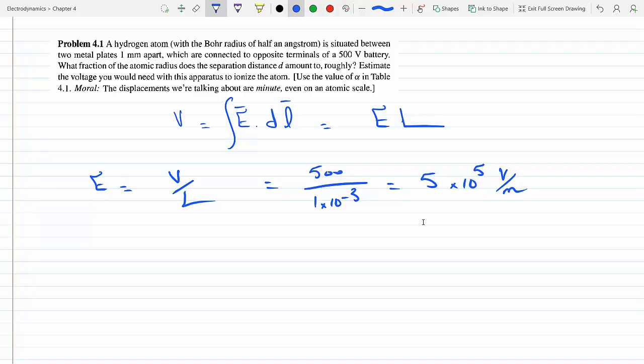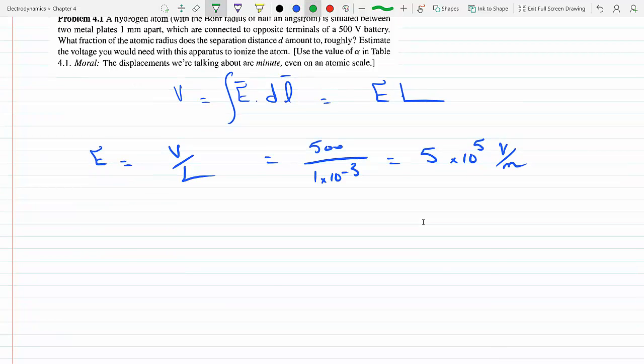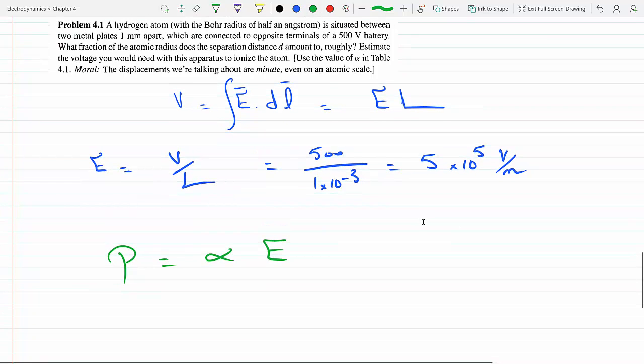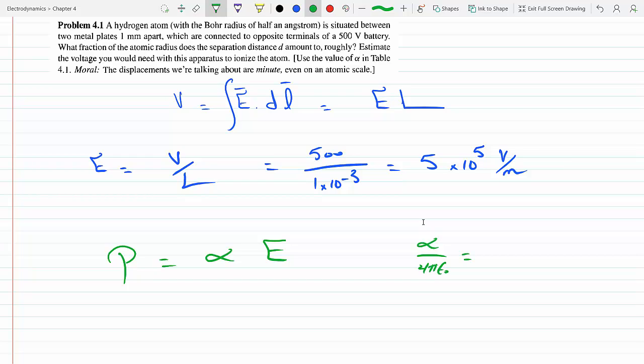And from the electric field, I know that the dipole moment is equal to alpha E. Since we're talking about the hydrogen atom, experimentally it's determined, from Table 1 on page 168 in the newer edition, that alpha over 4 pi epsilon naught is 0.667 times 10 to the minus 30.